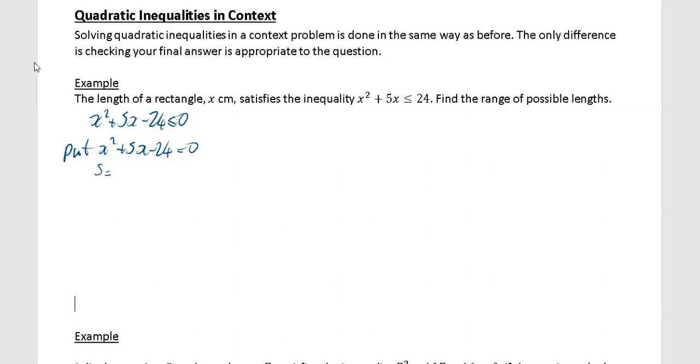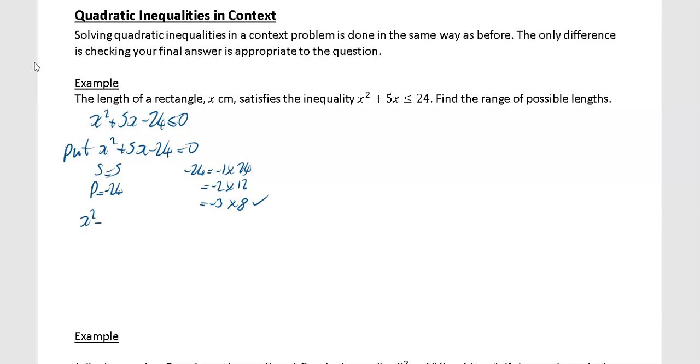So if I factorize, my sum is 5 and my product is minus 24. It's a negative product, so one of them has to be negative, the other one has to be positive. Minus 2 times 12, no, minus 3 times 8, and this one works. So minus 3 and 8 add to give positive 5.